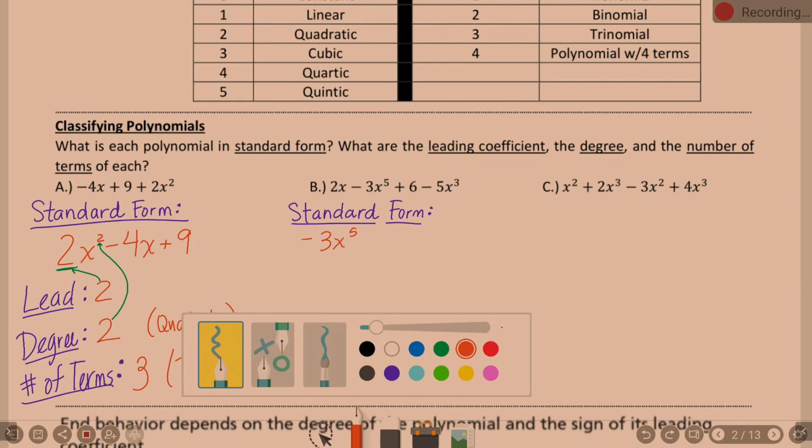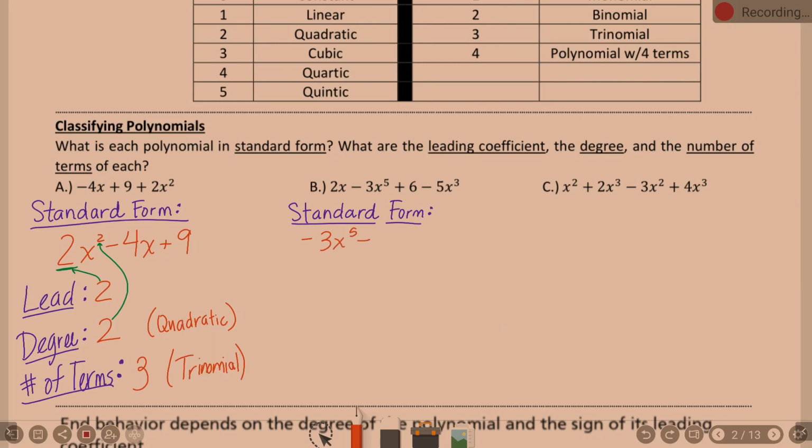Negative 3x to the 5th. Notice it's a minus, keeping the sign with it, minus 5x to the 3rd. Plus 2x plus 6. Okay, we good with that? I always say go for standard form first, that way you have all your pieces in order.